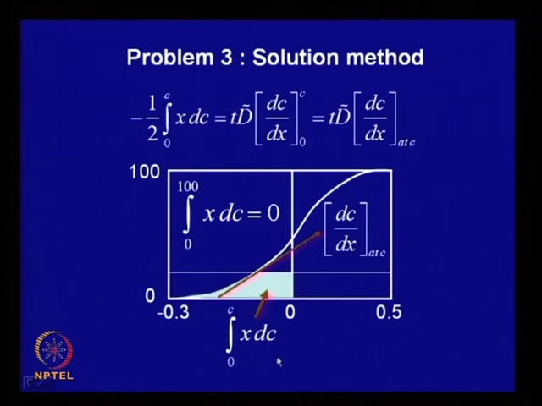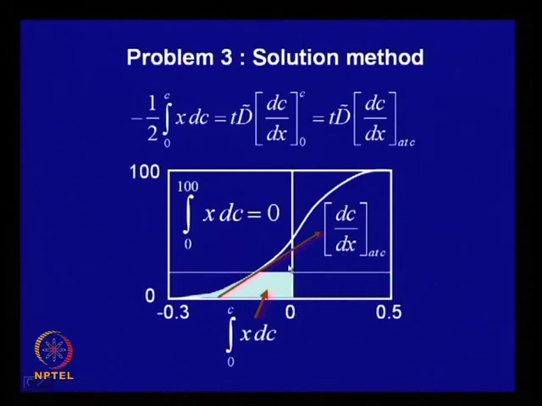That means you try and find out this area. Here x is negative on this side and positive on this side. When you calculate this area, this portion will come out negative and this area will come out positive. Add the two, and it will be 0. So, this integral equal to 0 describes this line.